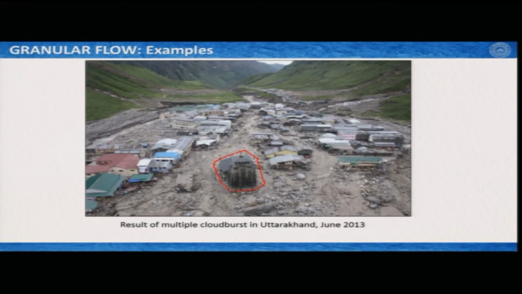You can figure out the various boulders, pebbles, and sand size grains all over; they flowed with the aid of water along this direction. Now the water is gone and this is how it looks. This is a classic example of granular flow. All these boulders, pebbles or sand size grains, when flowing with the aid of water, rotated, collided with each other, reduced their grain size, and so on.